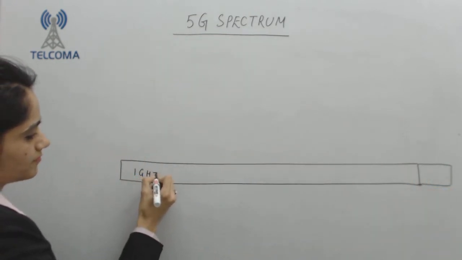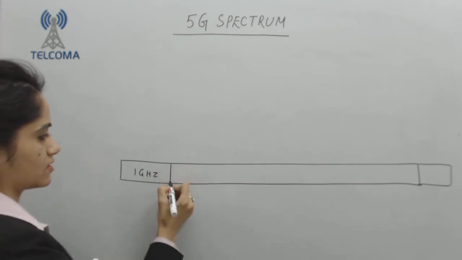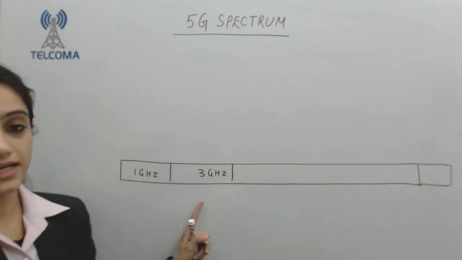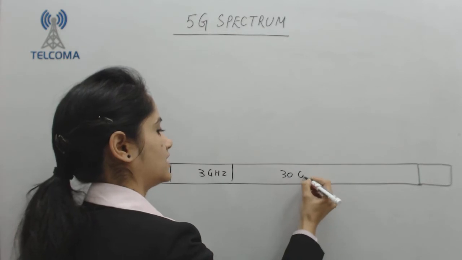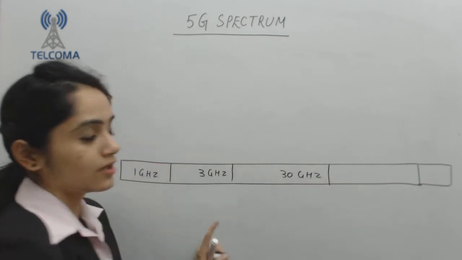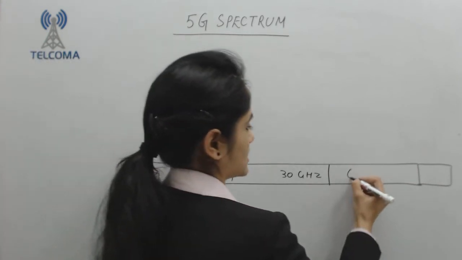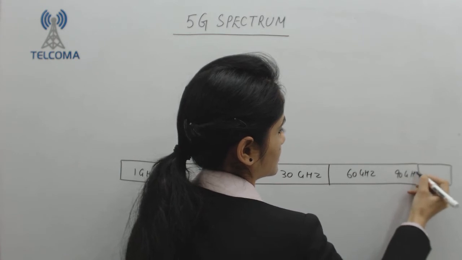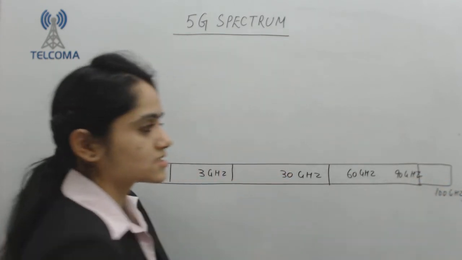Starting from 1 gigahertz and 3 gigahertz, then we will have 30 gigahertz. From 3 to 30, this is a graphical representation. Then we have 60 gigahertz, 90 gigahertz. So this one has 100 gigahertz as my extreme point.